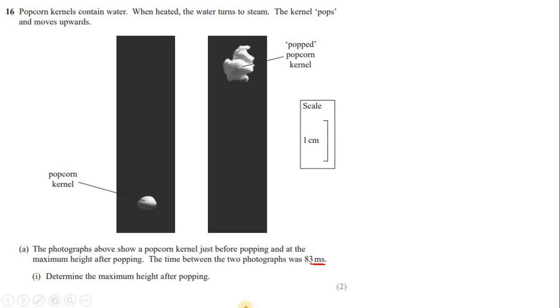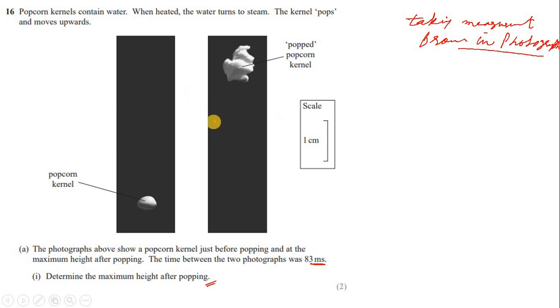So you have two choices in this question because they did not mention anything about taking measurement from the photograph.